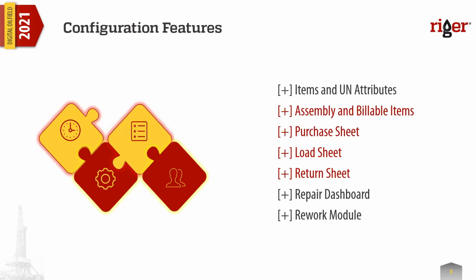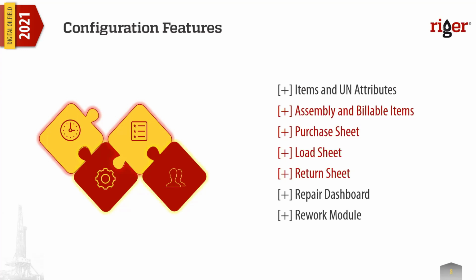As I said previously, the challenge is to track everything and make the billable process as simple as possible. The next feature is the purchase sheet. Purchase sheet is a document that is responsible for purchasing the equipment and bringing it to the availability inventory and to the stocks. Load sheet and return sheet are also responsible for tracking the equipment.